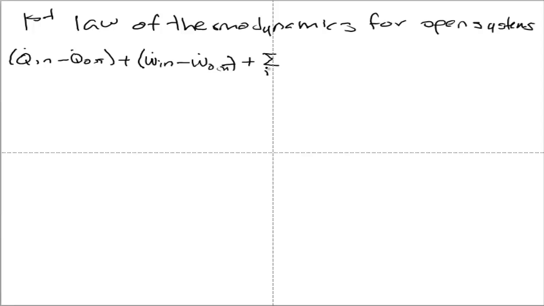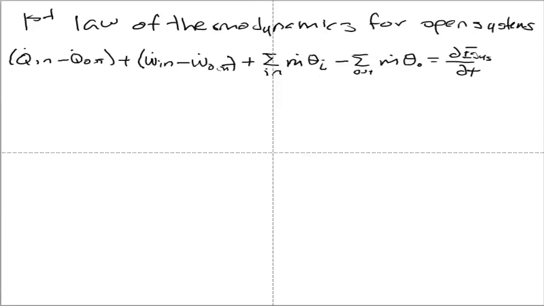We also have either work or heat interaction, but the fact that it has mass crossing the boundaries of the control surface is an indication that we have an open system. So this is the first law of thermodynamics for open systems in its more general form.